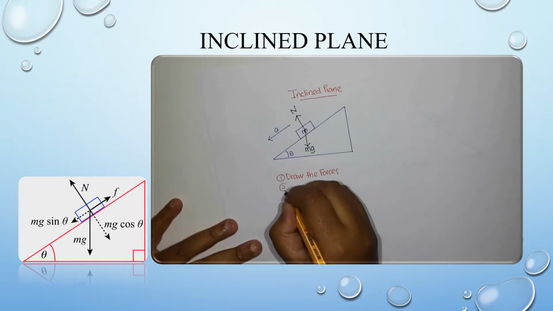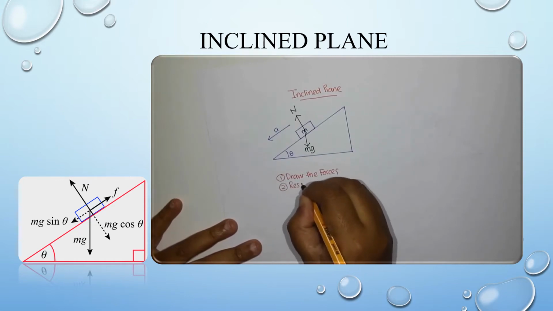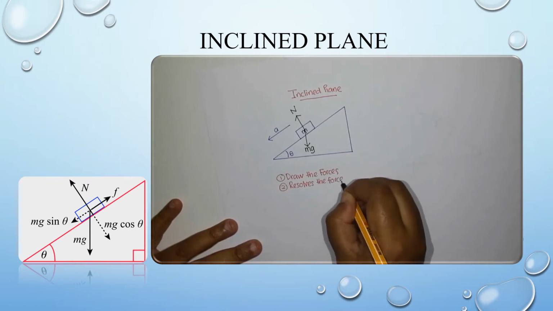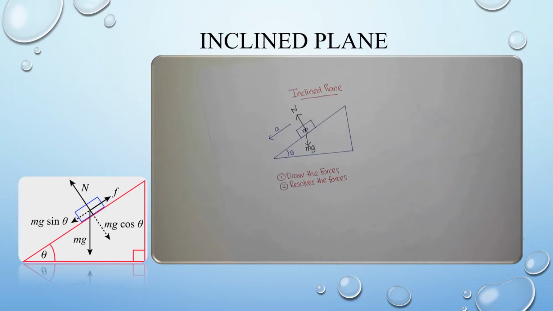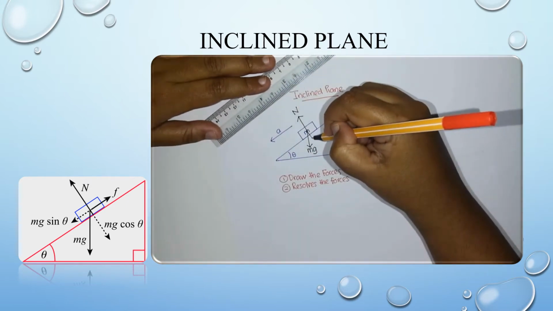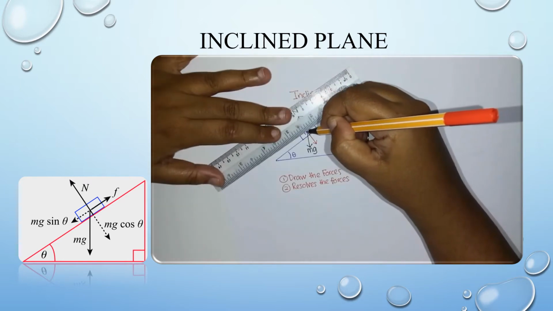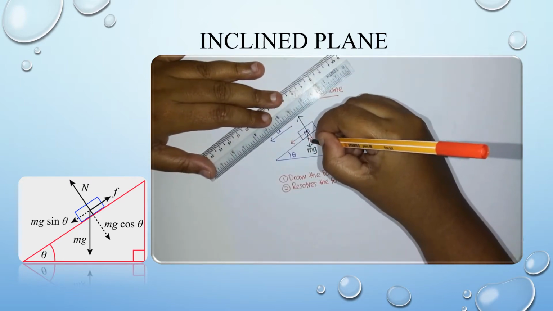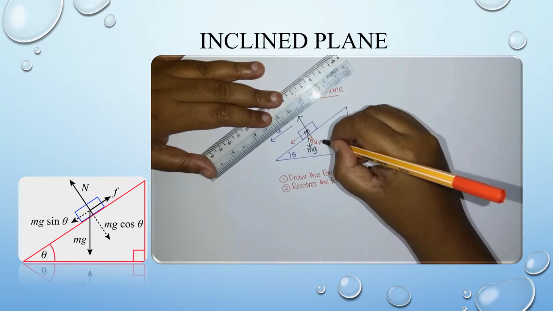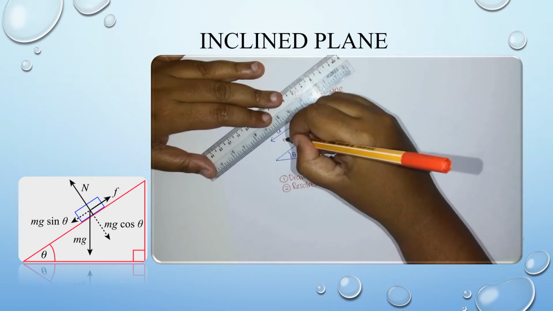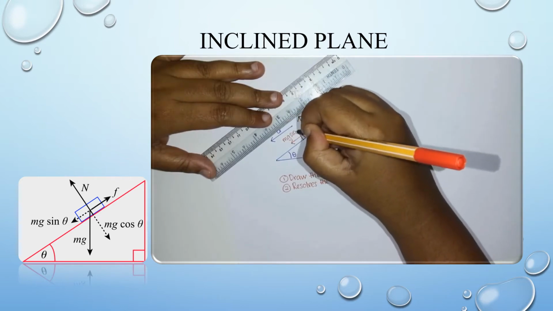The second step is to resolve the forces. So which force needs to be resolved? This force. When you resolve it, you get it like this. This becomes theta. So here becomes mg cos theta. Here becomes mg sin theta.